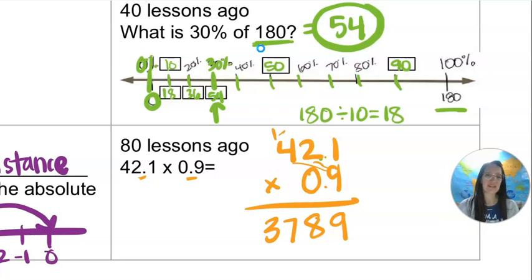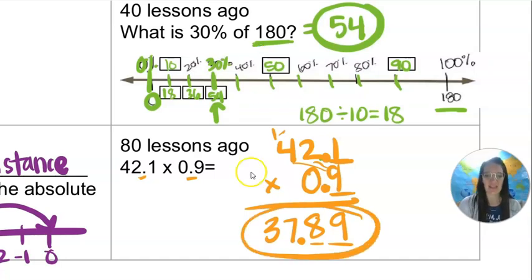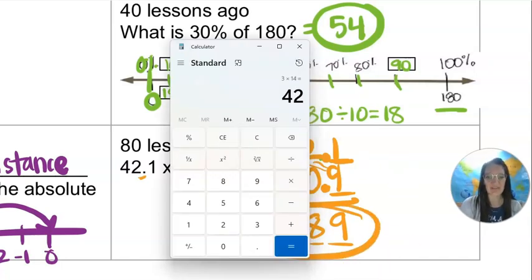Now is when I need to think about the decimal. The final step is to see, all right, there is one number behind that decimal, one number behind that decimal. That's 2 numbers behind decimals. So my answer also needs to have 2 numbers behind decimals. Okay, I would love you to do that by hand, but then am I okay if you check it? Yeah.